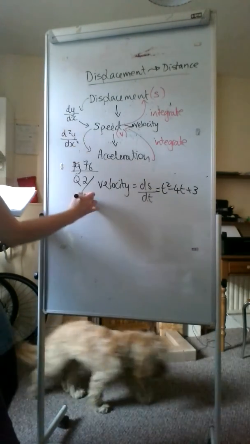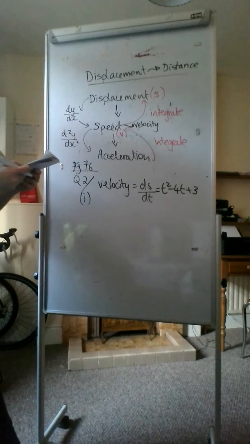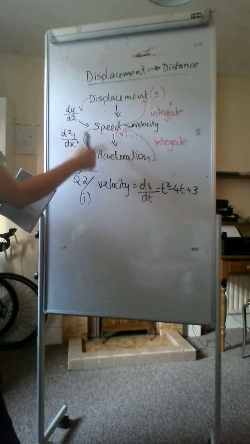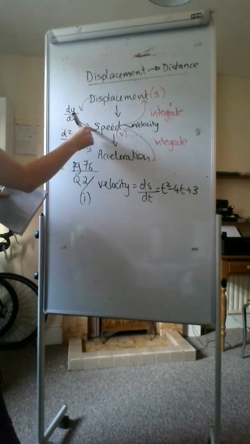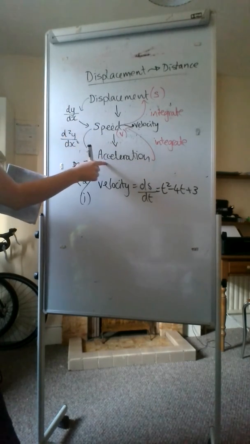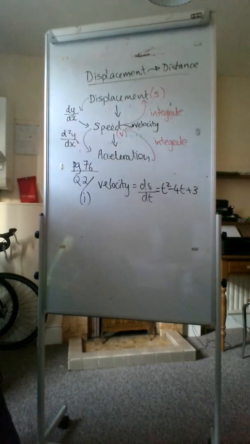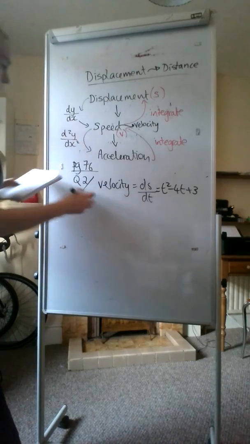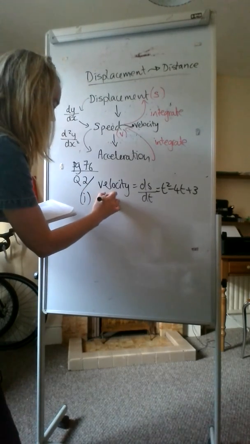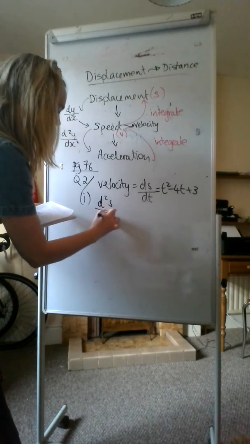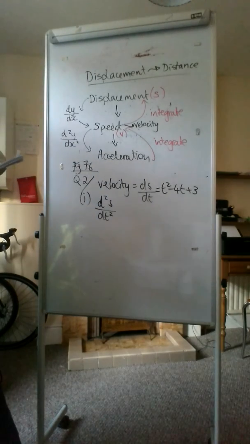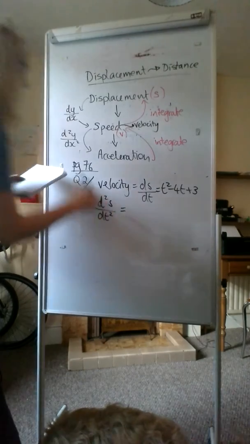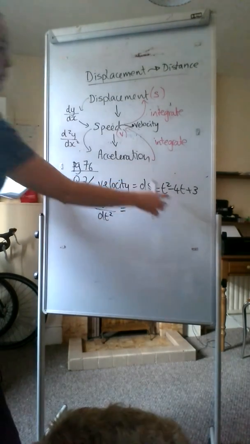The first question says find the acceleration when t is equal to 5. They've given you velocity, they want acceleration. So we're going down this way, which means I'm actually differentiating here. Even though we're in the integration chapter, they're asking me to differentiate. So I'm going to find d2s over dt squared. That's the notation; don't worry too much about it. As long as you're able to do it, I don't think you'd be docked marks if you don't show that notation. So we're going to differentiate this here.